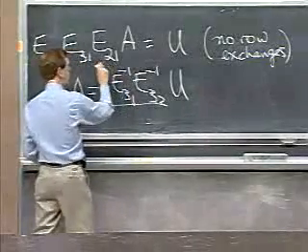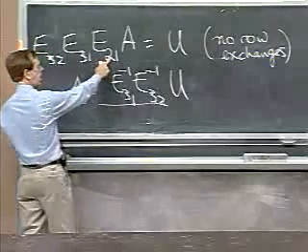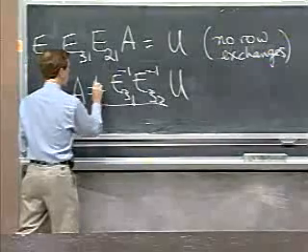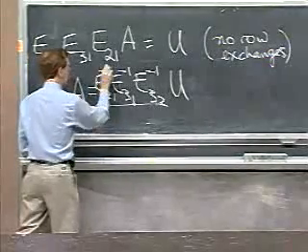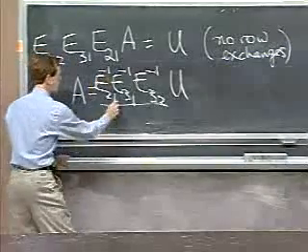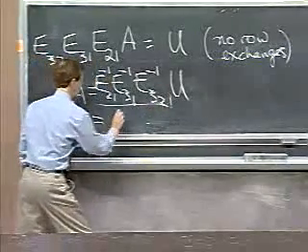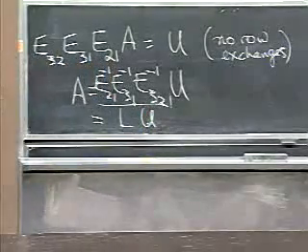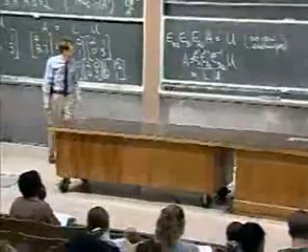And then this will be the only guy left standing, and that's gone when I do an E21 inverse. So there is L. That's LU. L is this product of inverses.